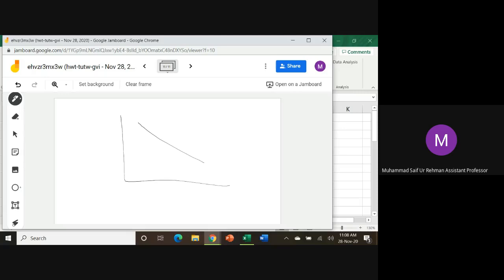The relationship is linear. If you see such a situation which is not linear, let us say you draw the points and the curve is like this, the relationship is like this, it means that there is no linear relationship.